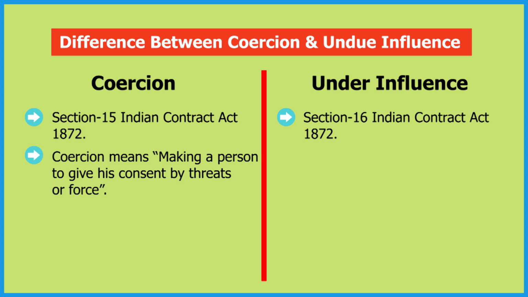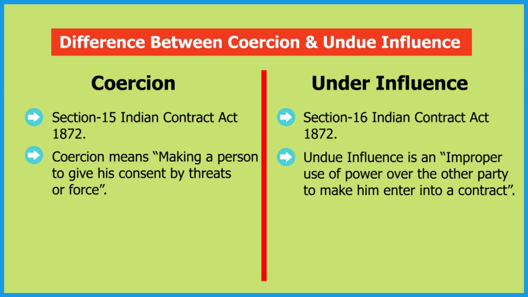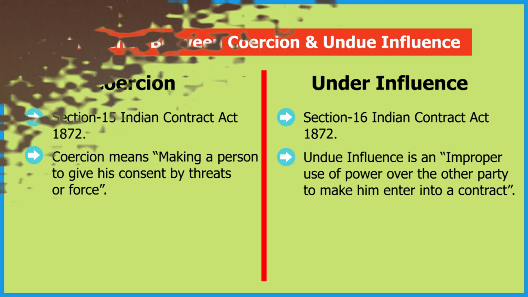For undue influence, it is improper use of position and power. So you are influencing a person to enter into a contract by using these two P's, position and power. So undue influence is mental force, whereas coercion is physical force.